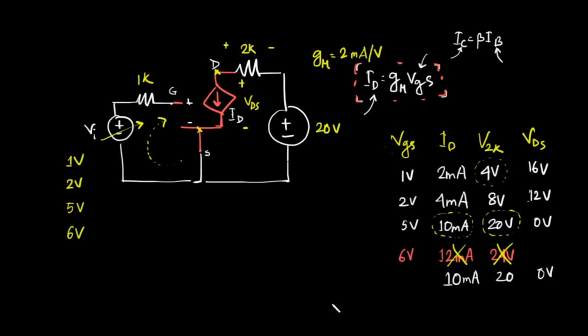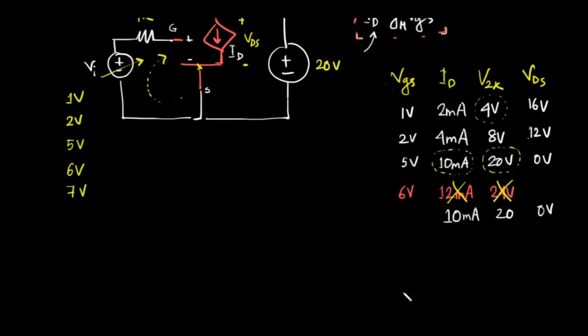Even if I apply 7 volt here, nothing will change, only VGS will change. VGS will become 7 volt, but ID will still be 10 milliampere, V2K will still be 20 volt, and VDS will still be 0 volt, and it will go on like this. So exactly like the BJT case, the same things are happening.